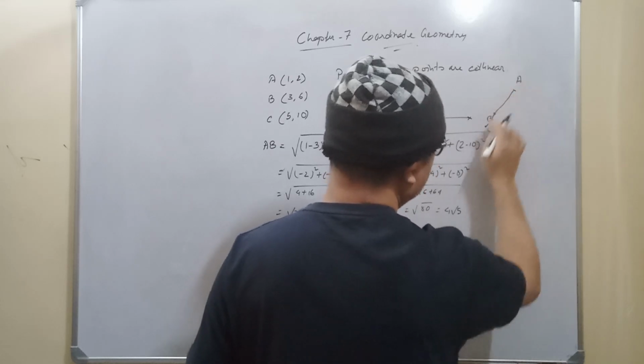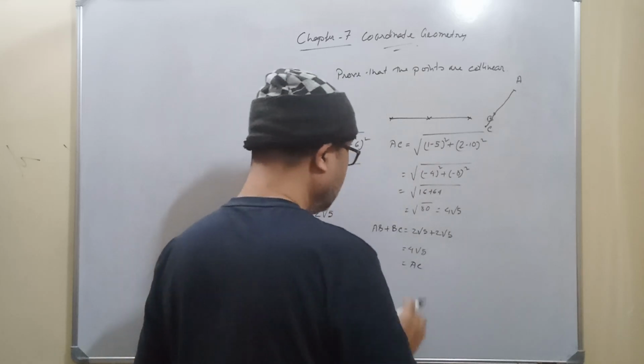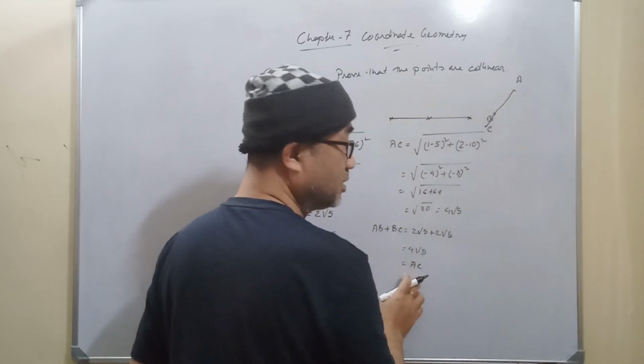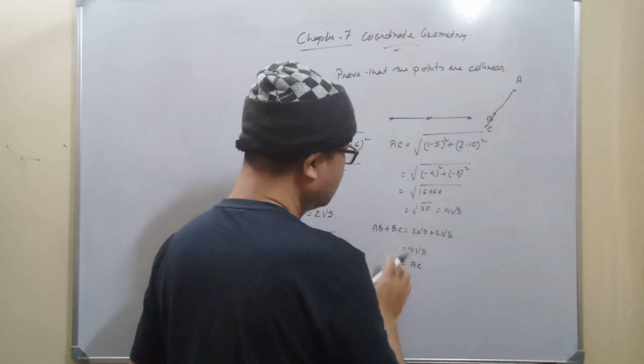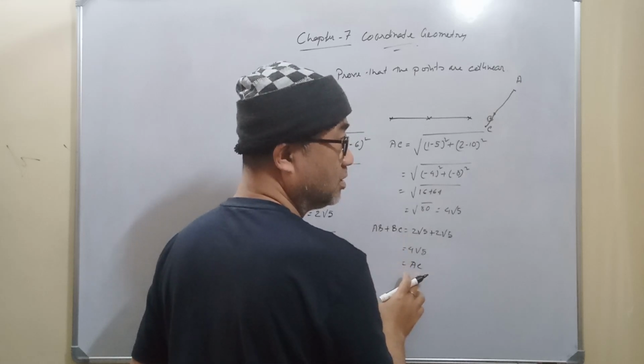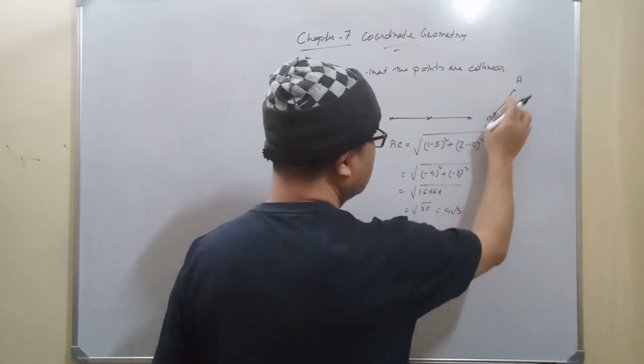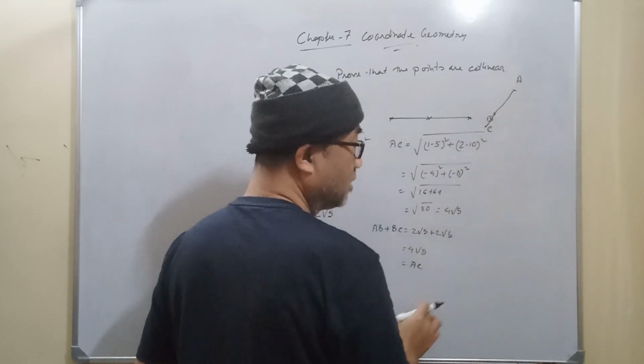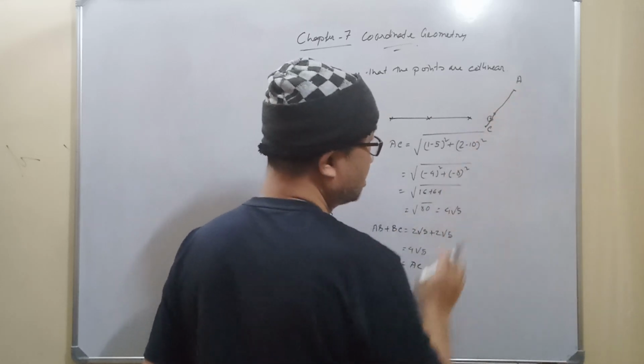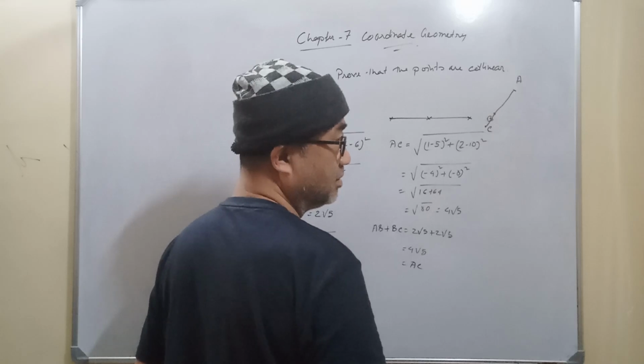All these 3 points are on the same straight line. AB plus BC is equal to AC is possible only when B lies between A and C. That means all the 3 points are on the same straight line.